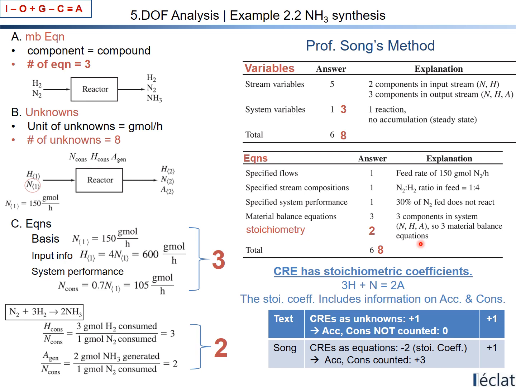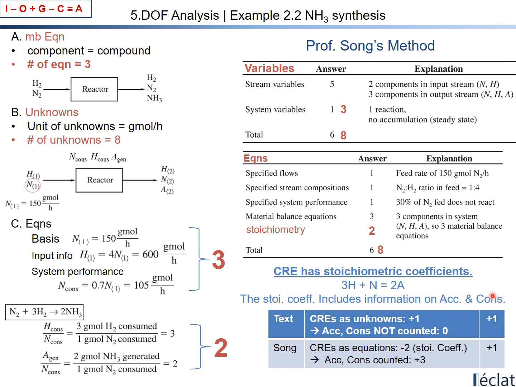So why should we have the same result? Let me focus on the chemical reaction equations. Right now we have this equation: 3 moles of hydrogen reacted with 1 mole of nitrogen is going to 2 moles of ammonia. The stoichiometric coefficients 3, 1, and 2 include information about the accumulation and consumption terms.